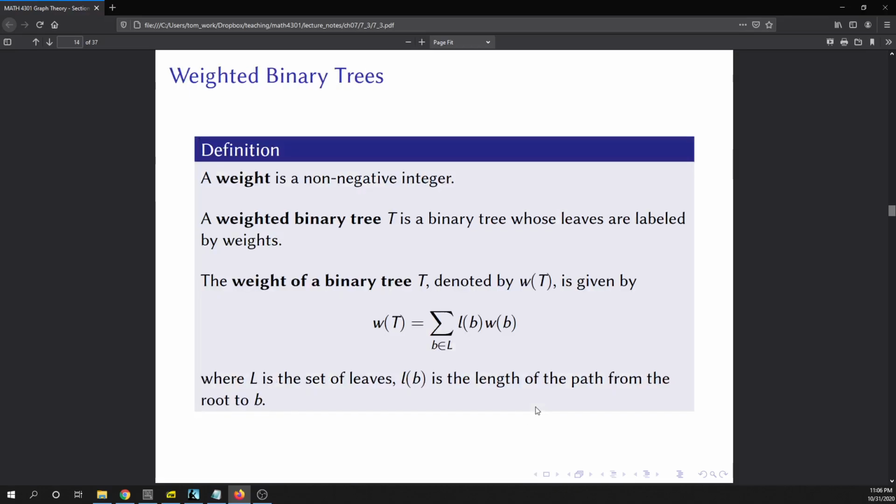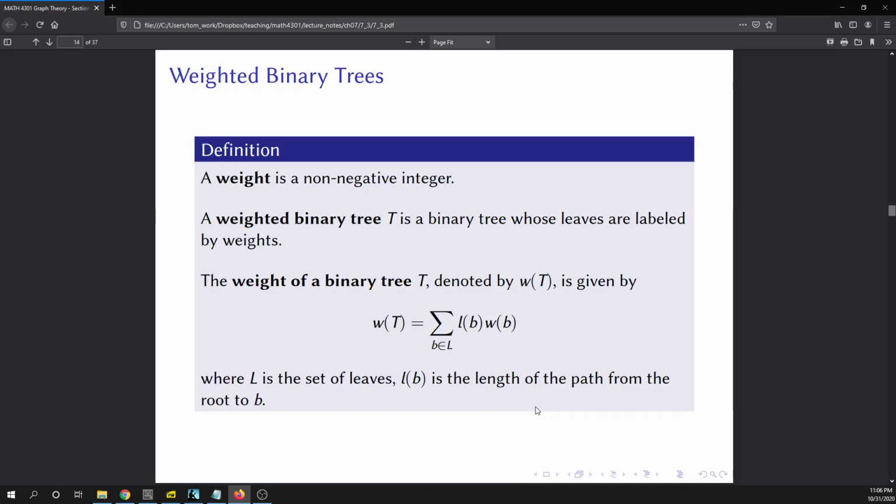All right, so to do that, for a given message that we want to encode as a bunch of zeros and ones, what we're going to do is build out a weighted binary tree.